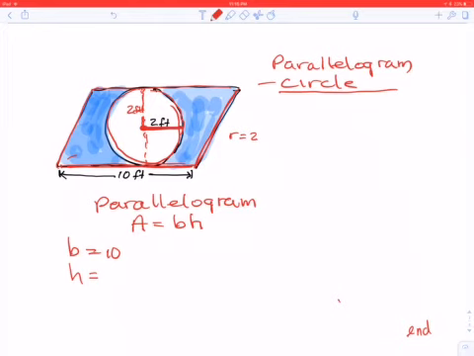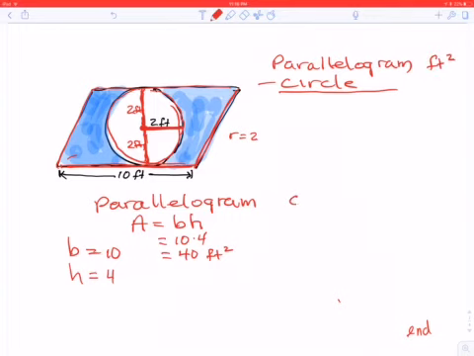I can go from the center straight down, and that's still going to be 2 feet. So that height, or the distance between those two parallel lines, is 4. So I have 40, and we're in feet, so it would be 40 square feet.